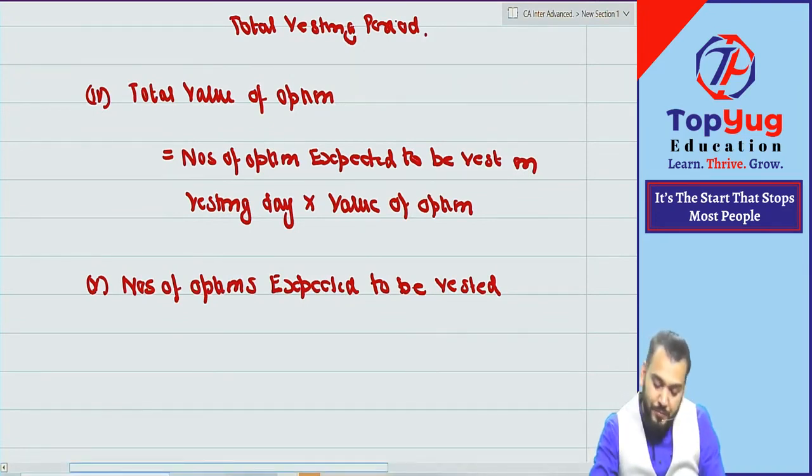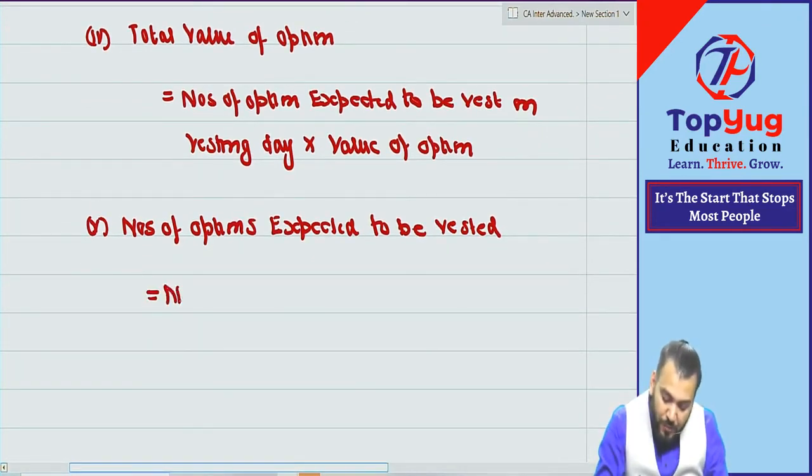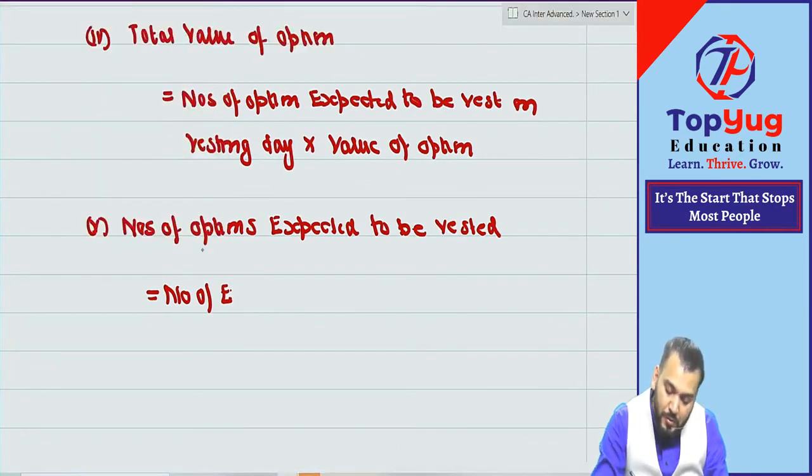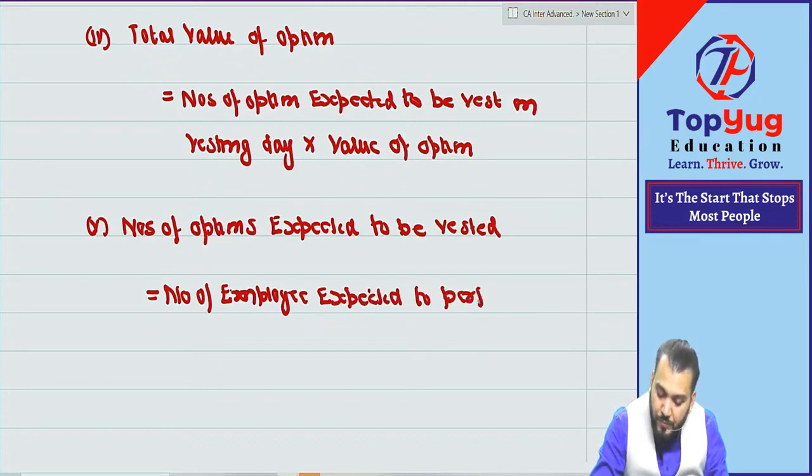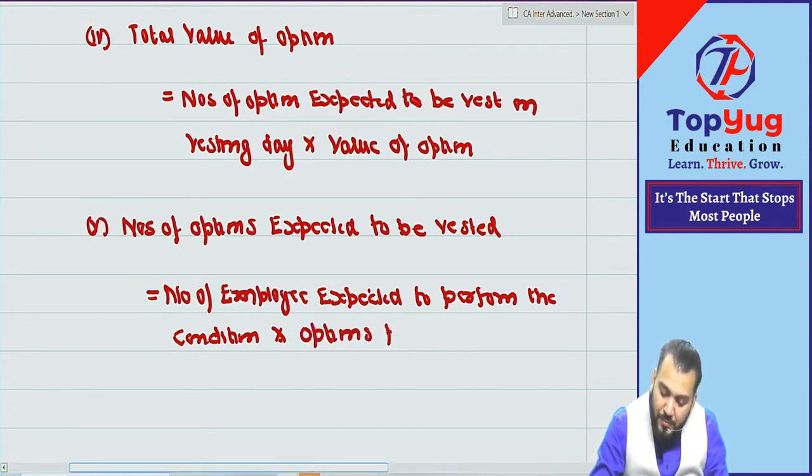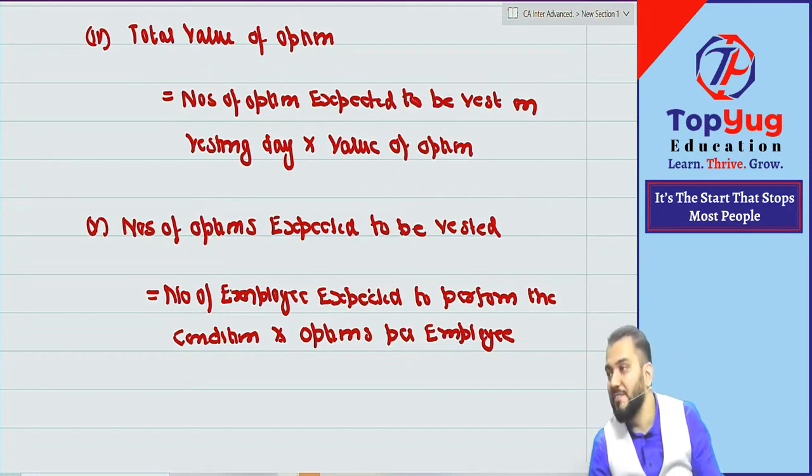So the number of employees expected to perform the conditions, multiplied by options per employee granted.